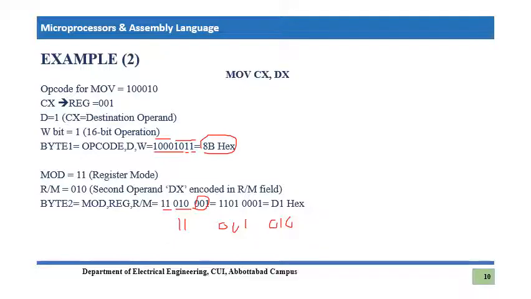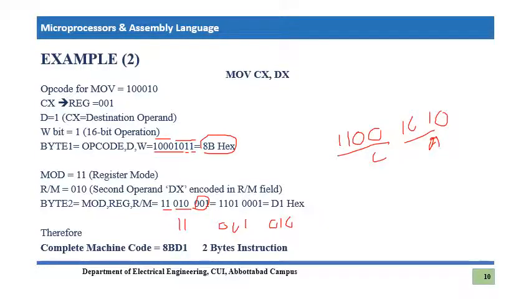So we just order them: 1100 and 1010. It is equal to C and it is equal to A. So there was a mistake, I just corrected it. So byte 2 will be CA.